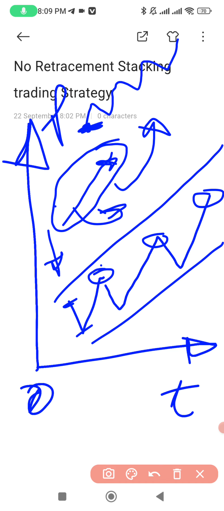You load as much position as you want, and then you wait for the market to go to action.